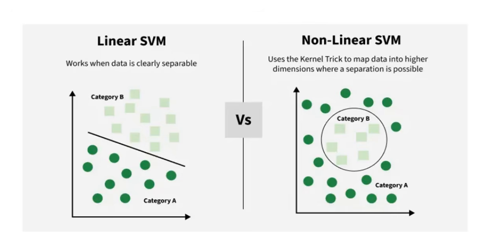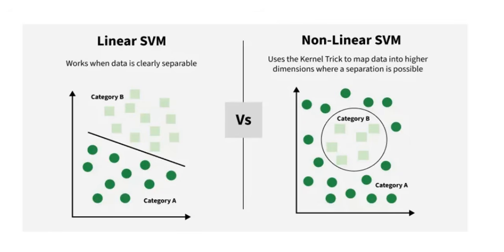Now let's move to the right side of the diagram. Here the situation is completely different. We can see that the green circular points represent category A, and they are surrounded by the light green square points representing category B. Can we separate these two categories using a straight line?